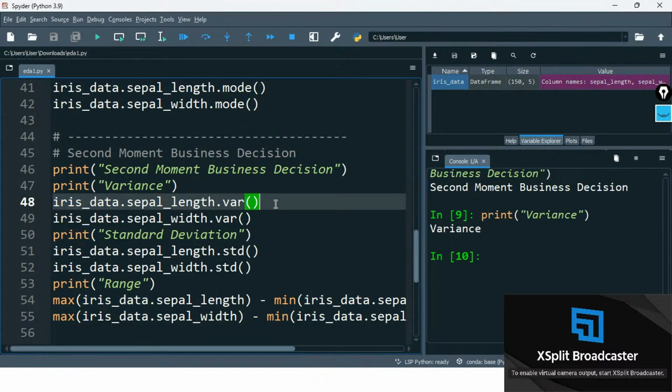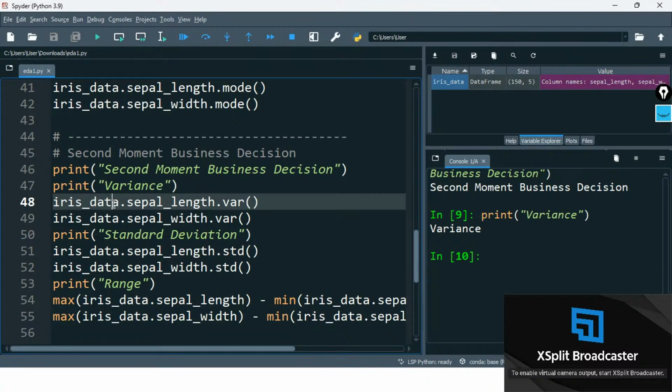Let us dive into the code now. What is the first measure of the second moment business decision? It is variance. In order to calculate variance, we have a function in Python. It is var, which will return the variance value. But what is the syntax?